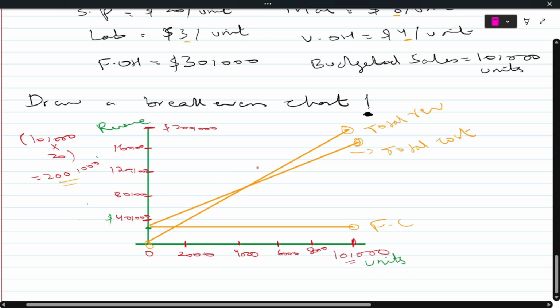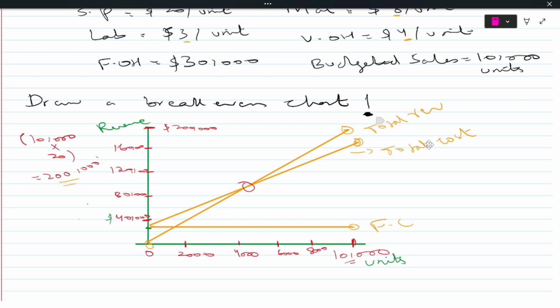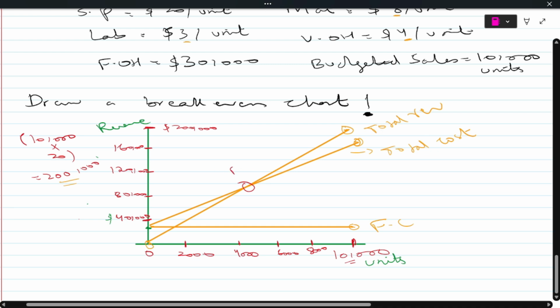But now the most important thing that is again tested in the MCQs, and that is that by looking at the break-even chart, can you tell what is the break-even point? So yes, remember that the point where the total revenue line and the total cost line intersect, that is your break-even point. Remember that.